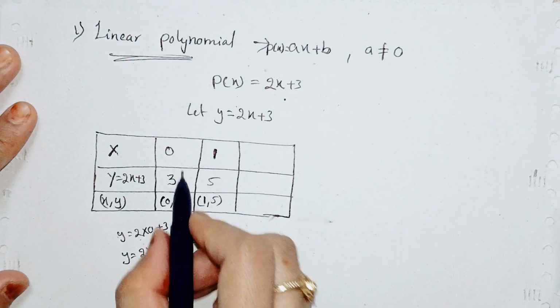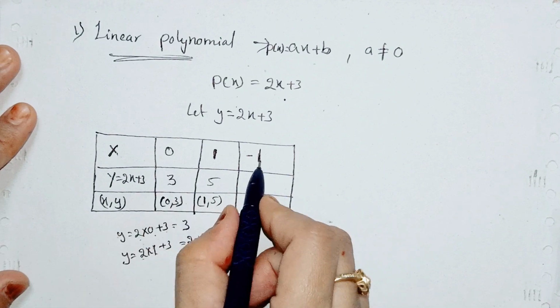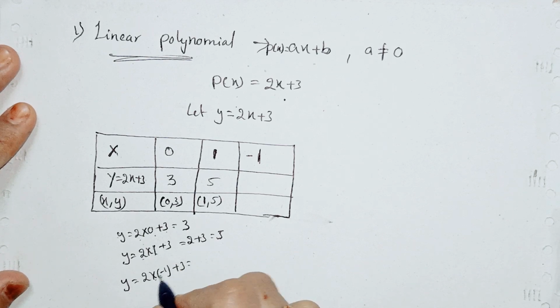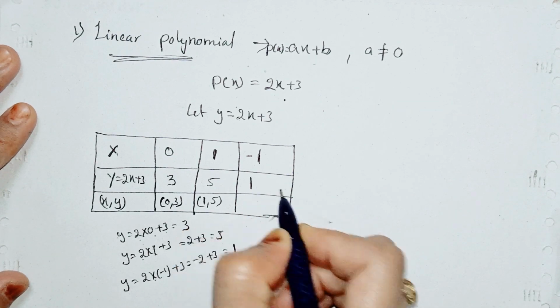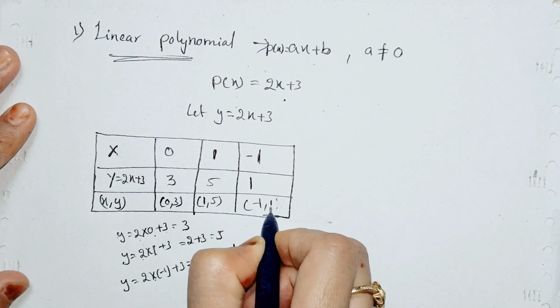Now I am taking minus 1 here. If I take minus 1, then y equals 2 into minus 1 plus 3, which is minus 2 plus 3, meaning plus 1. So the y coordinate is 1. Therefore our point is minus 1 comma 1.